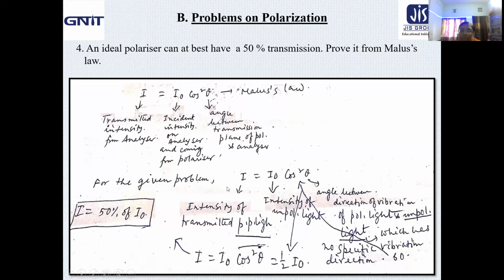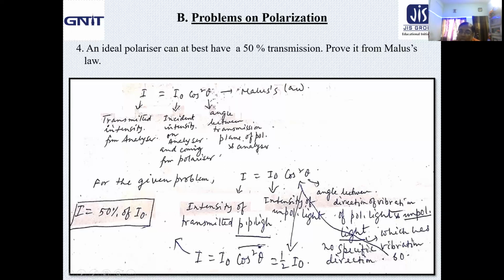Now, in this case, you have to show that the plane polarized light out of the polarizer, starting with unpolarized light, can be maximum 50% of the unpolarized light transmitted even by an ideal polarizer. Naturally, what about the angle here? The angle will be between the direction of vibration of polarized light and unpolarized light.